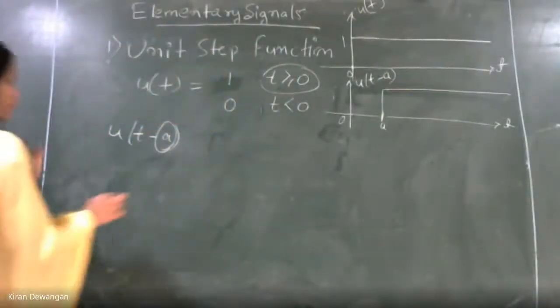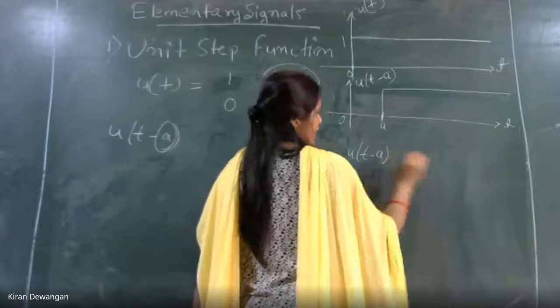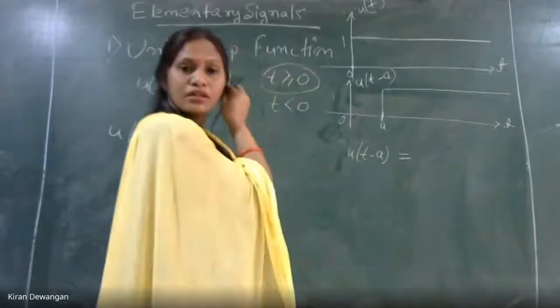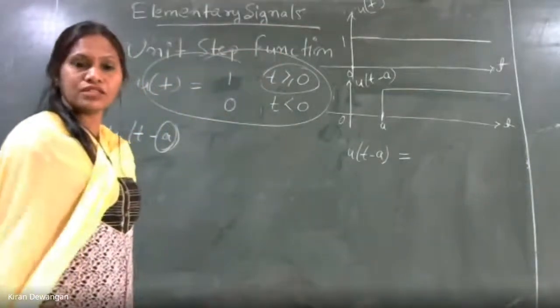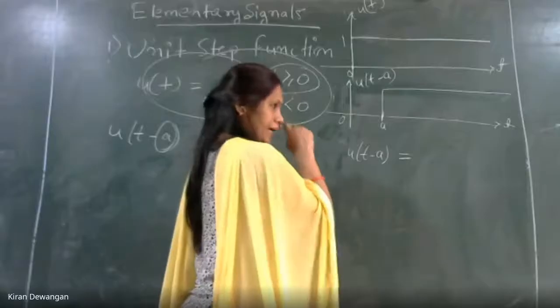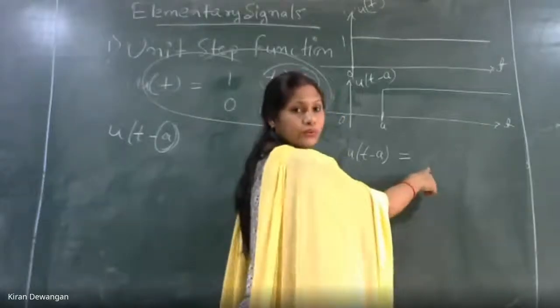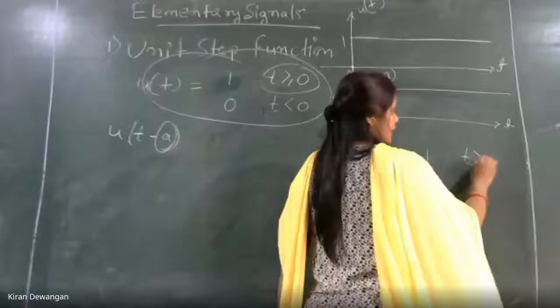Clear? Now if I have to define this u(t minus a), how will we define it in this way? It is 1 if t minus a is greater than or equal to 0. When t minus a is greater than or equal to 0, u(t minus a) is 1. That means t is greater than or equal to a.